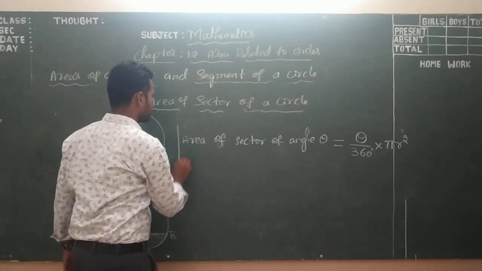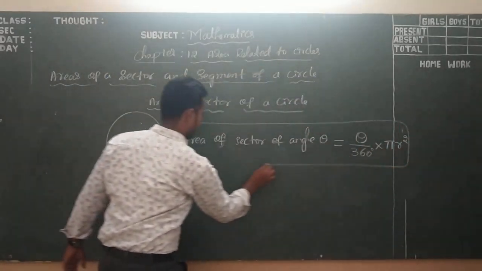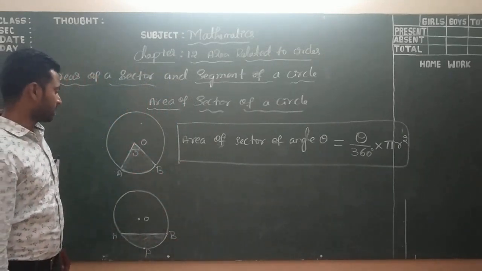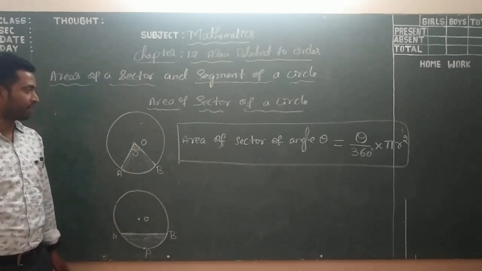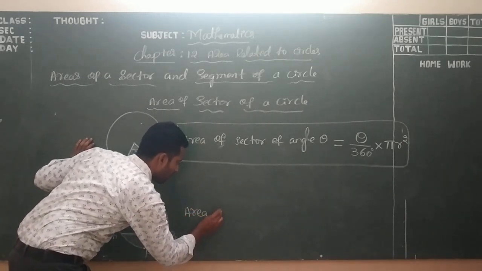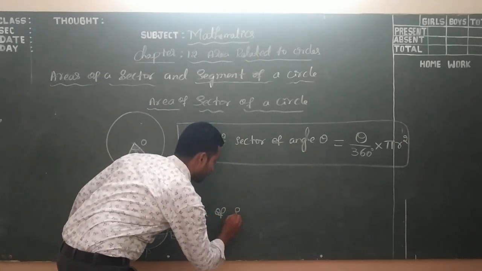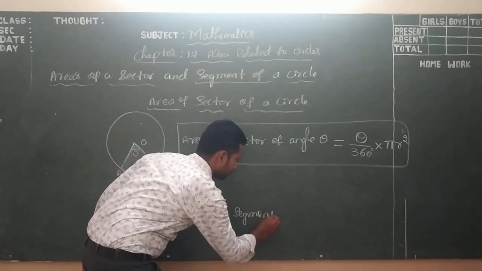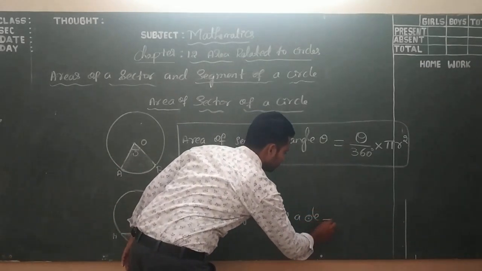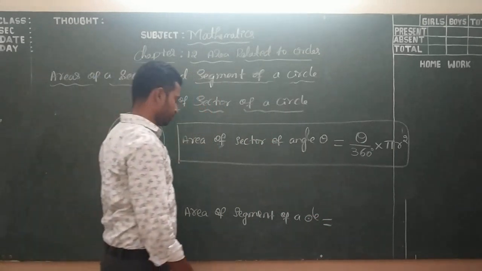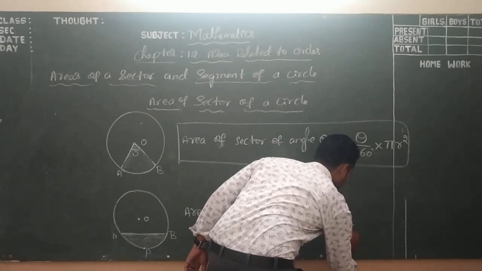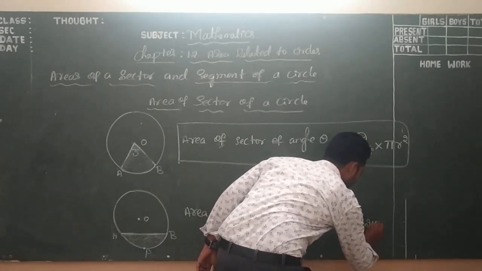By use of this formula, we can calculate the area of a sector of a circle. Similarly, we can calculate the area of a segment of a circle, which is theta by 360 degrees into 2 pi r.